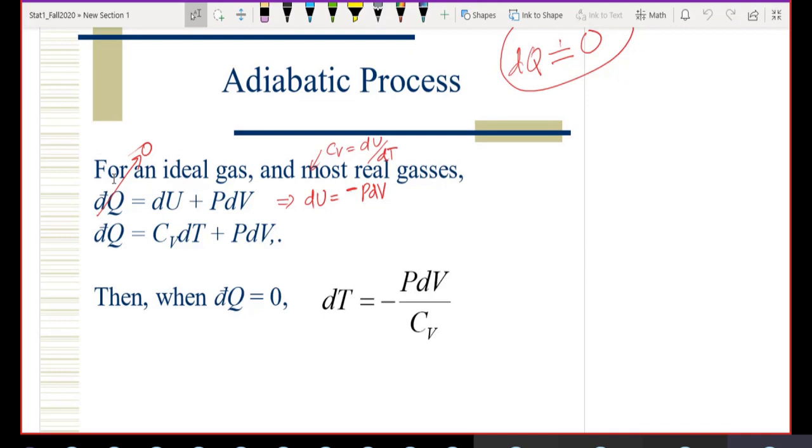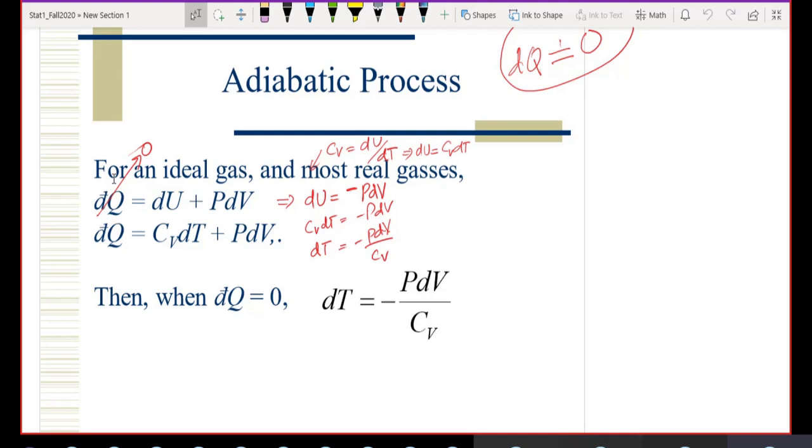So your dU will be defined in terms of Cv now. dU will be equal to Cv dT. Okay, and you put the value here, Cv dT equals minus P dV, and from here you isolate dT, that would be equal to minus P dV over Cv.